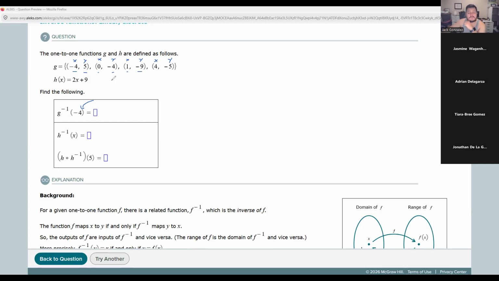Remember, it sends the y value back to x.